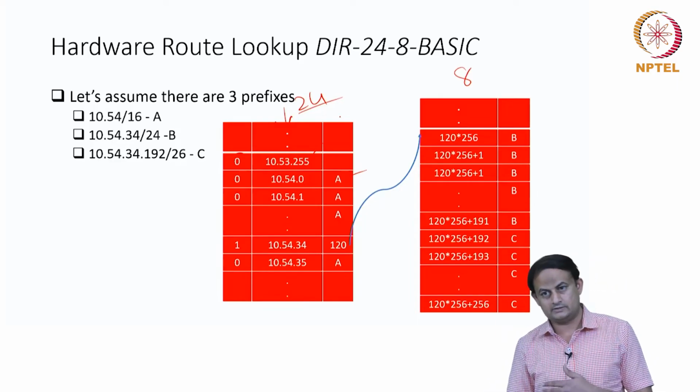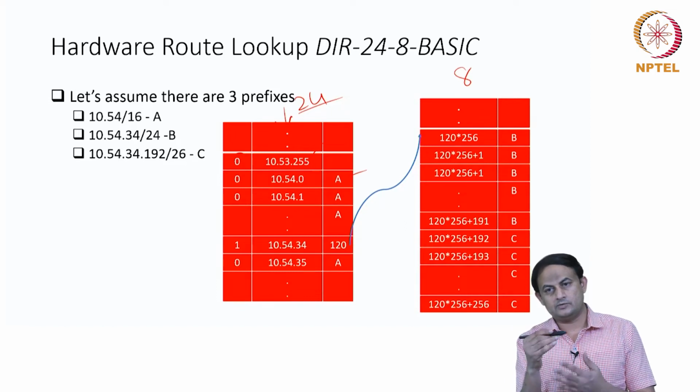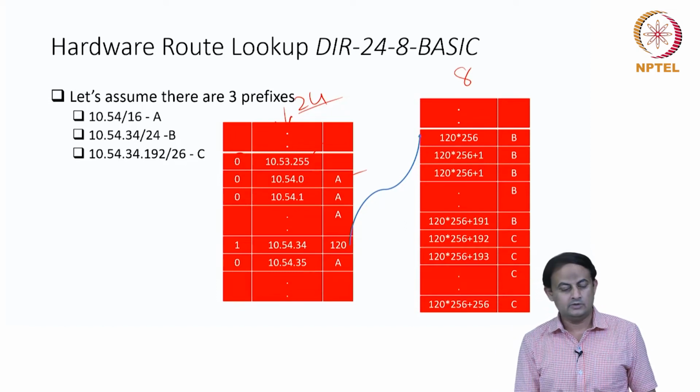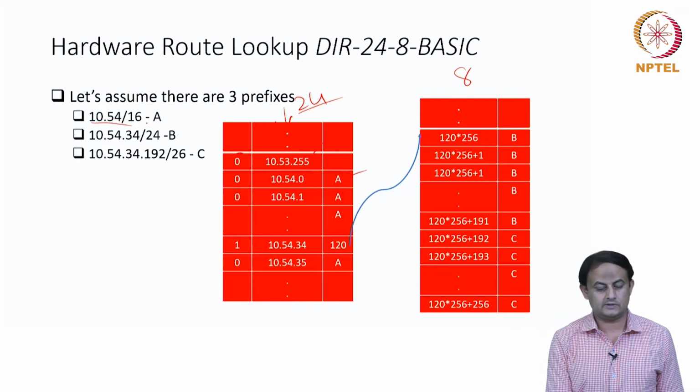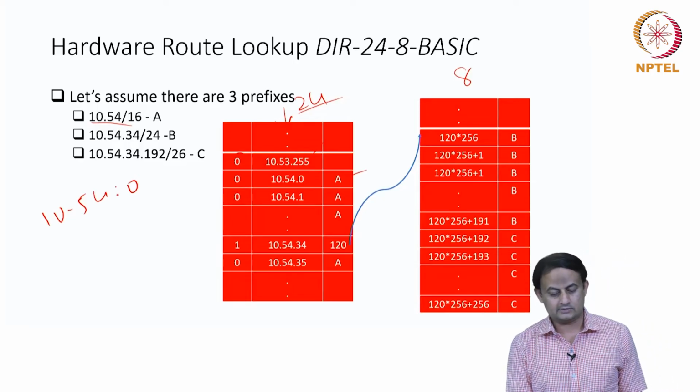That is where it ends, because there are 256 entries starting from 0 to 255, and the next series is starting. The first entry of this series is 10.54.0. So that is indicated here.